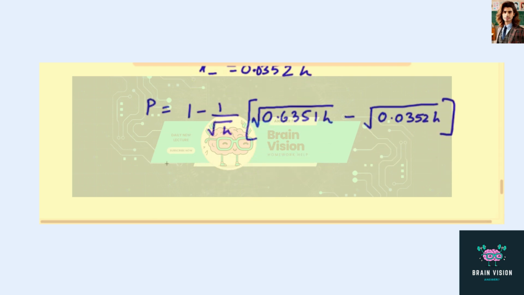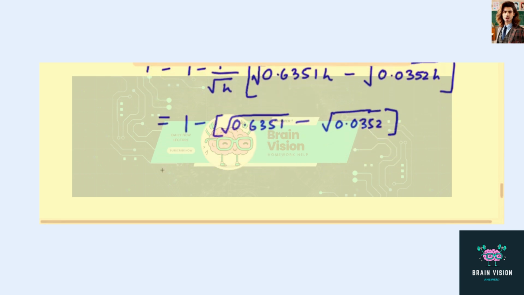From here, h is common, so it is 1 minus the square root of 0.6351 minus the square root of 0.0352. Now if you subtract these by taking the square roots, you will get p equal to 0.393.